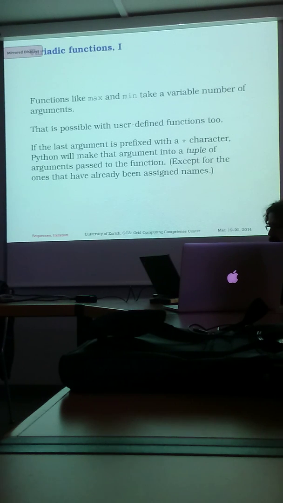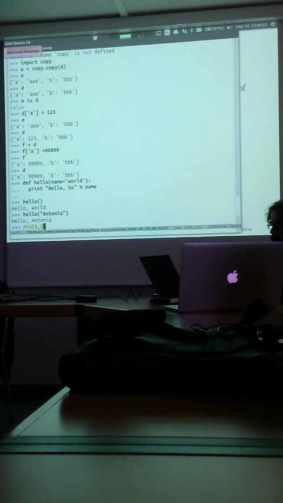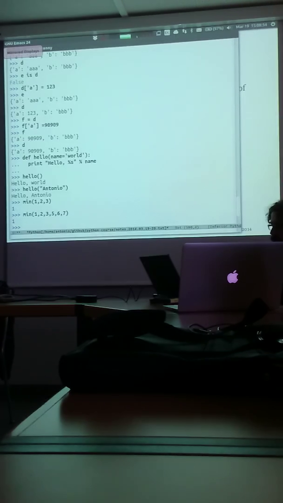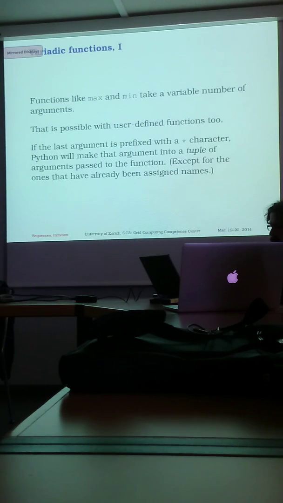There are functions though that can accept a variable number of arguments, for instance the mean or max functions. You can just specify how many numbers you want, not just a list. So how can you create a function that accepts multiple arguments without knowing how many?